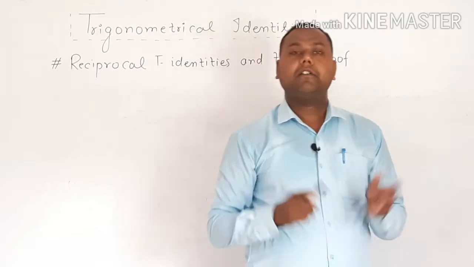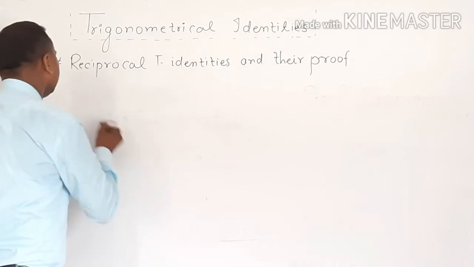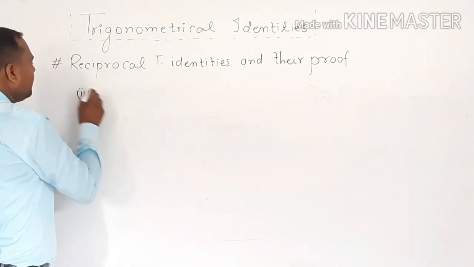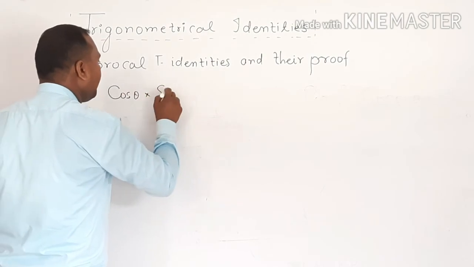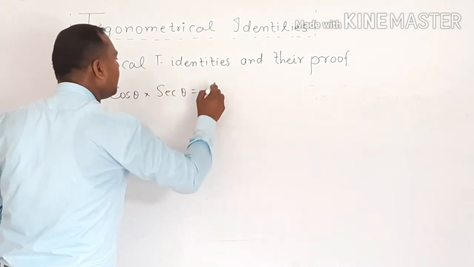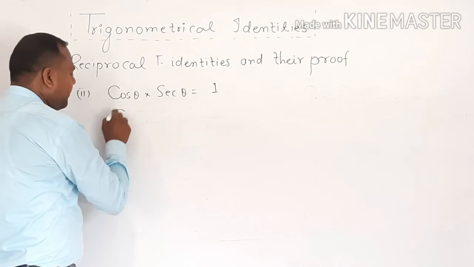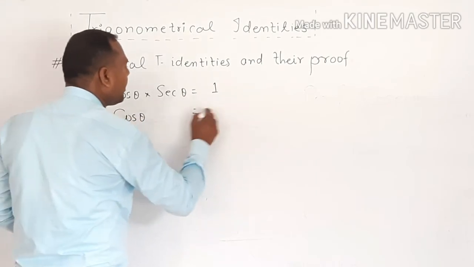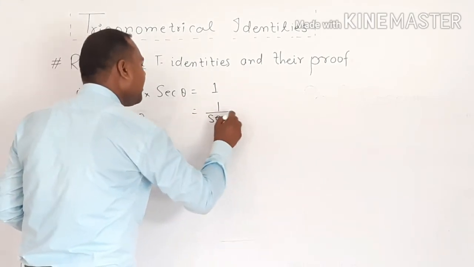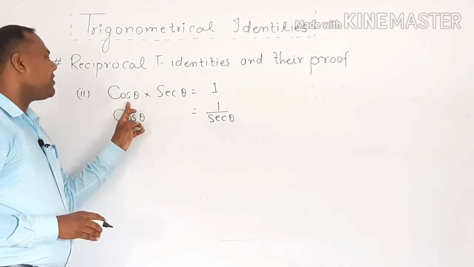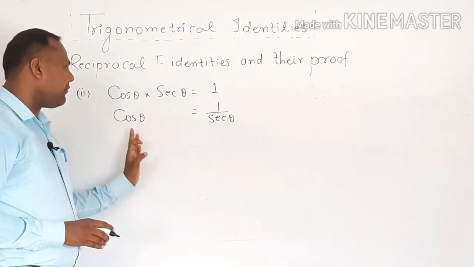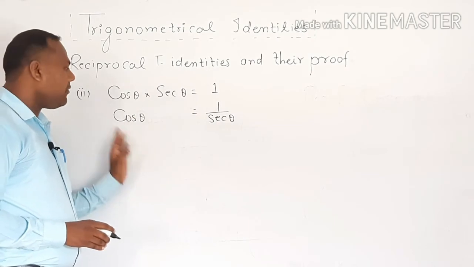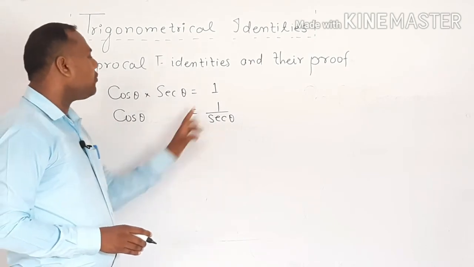Now the second one is cos of theta into sec of theta will be equal to 1. So cos of theta will be equal to 1 upon sec of theta, because cos theta and sec theta are in the form of multiplication. That's why by the rule of equation we can say that cos of theta will be equal to 1 upon sec theta.